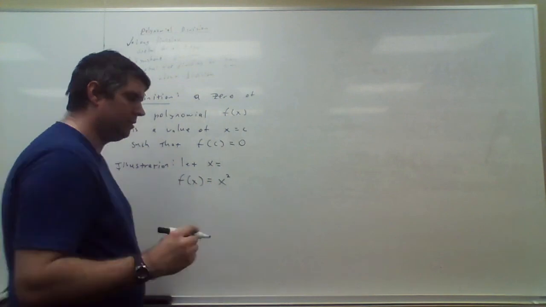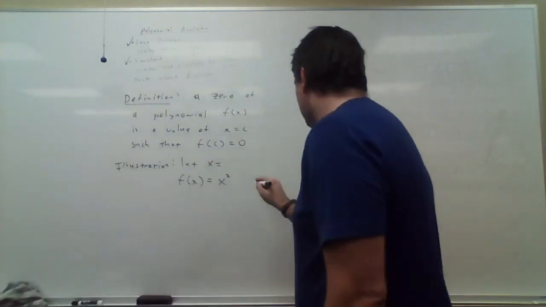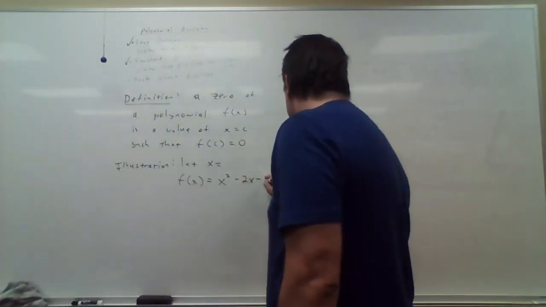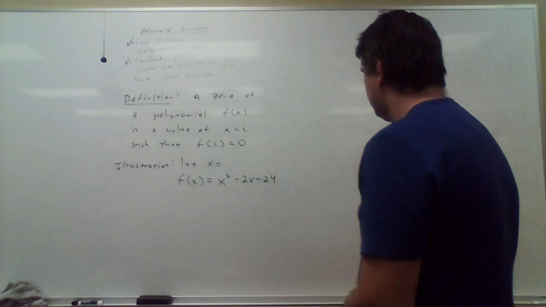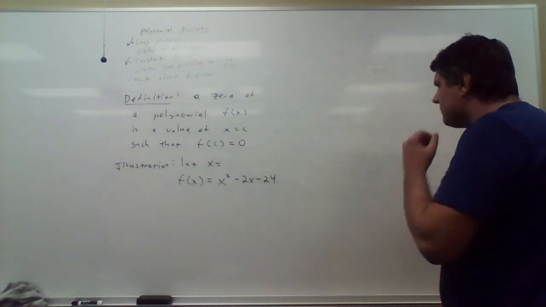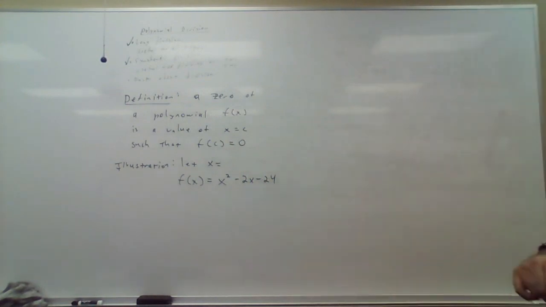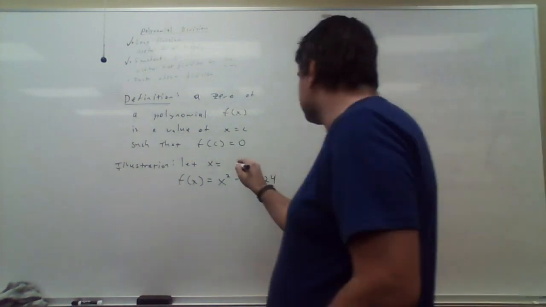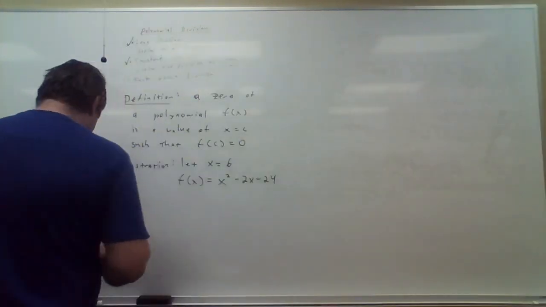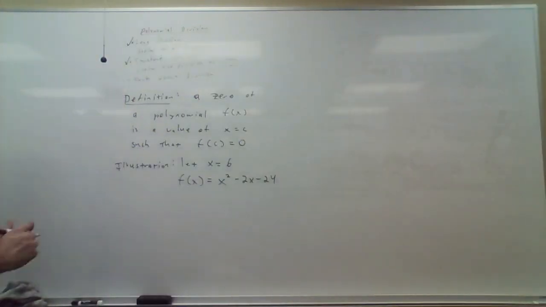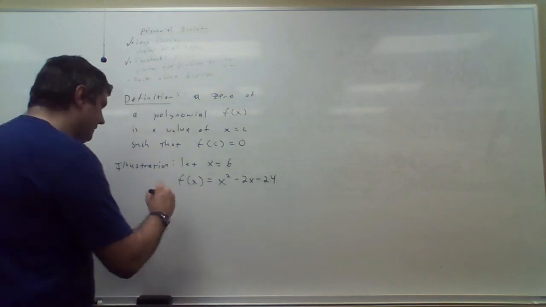x squared minus 2x minus 24. Okay? And we will let x equal 6.